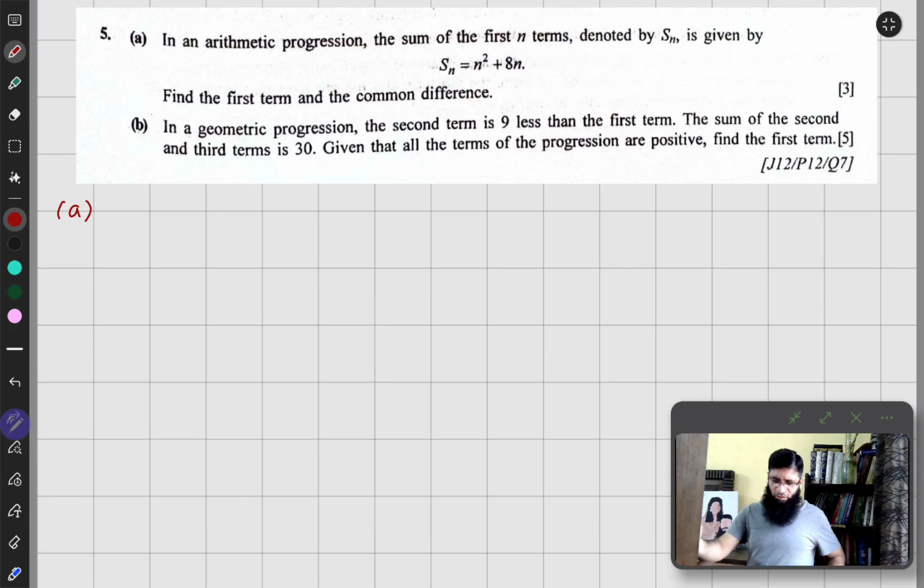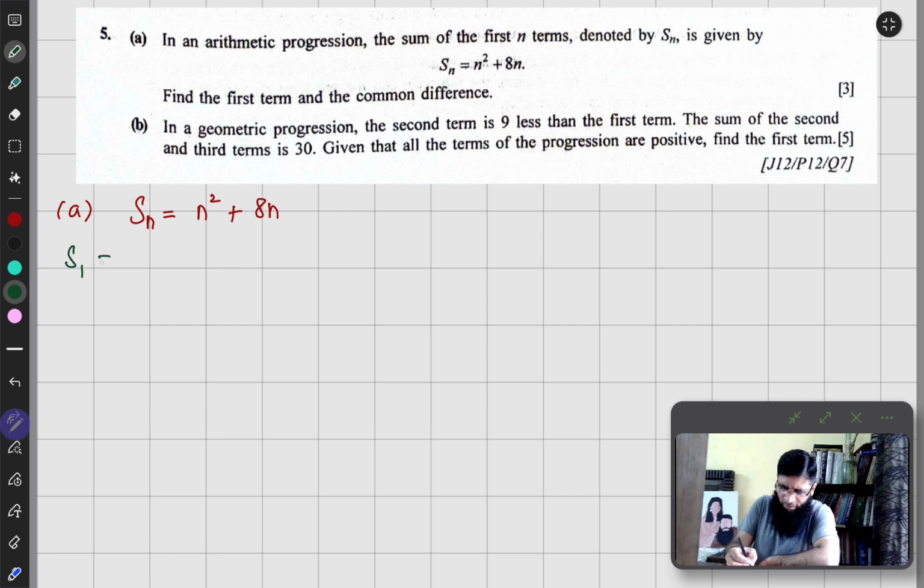All right, look at this question. Again you have an arithmetic progression, and the sum up to n terms is given as n square plus 8n, and again you are supposed to find the first term and the common difference. If you put n is equal to 1, S1 will be equal to 9 and S2 will be equal to 8 2s are 16, and 16 plus 4, that will be 20.